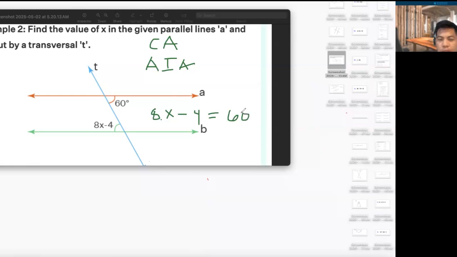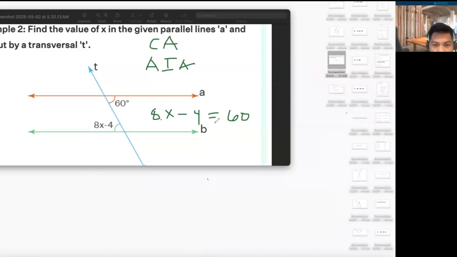Do you know how to do this? Madison, 8x equals 60 plus 4. That's right. 8x over 8 equals 64 over 8. And you get 8. Perfect.